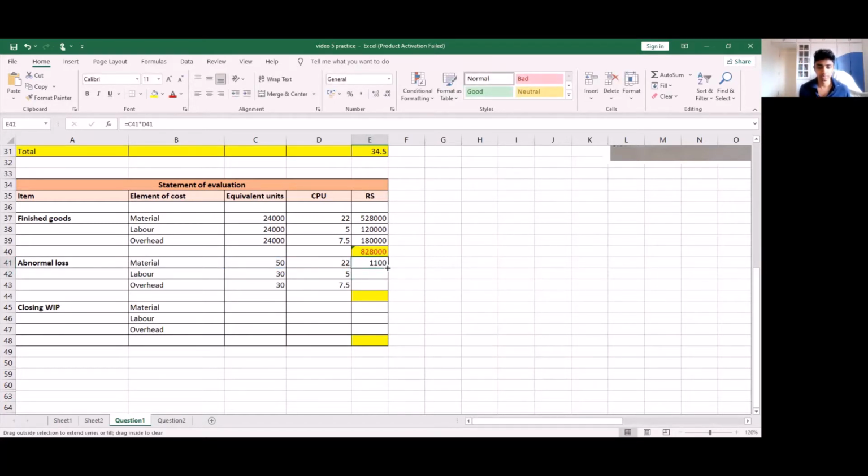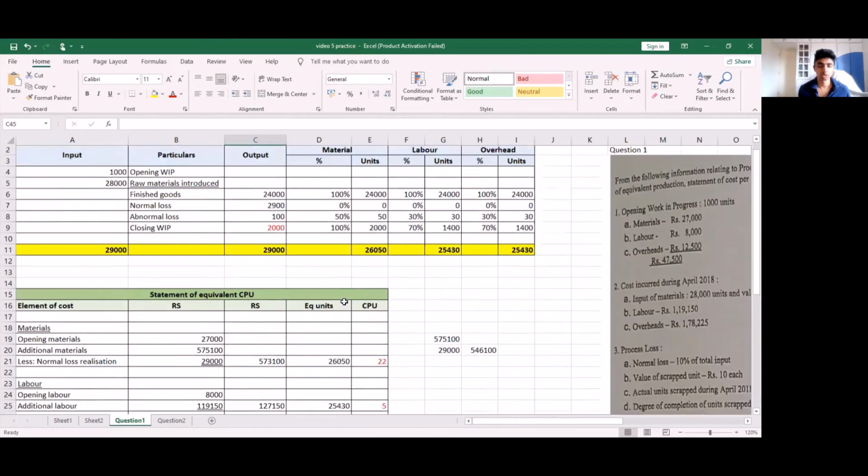We will do the same for labor and overheads. So 30 into 5, 150, 30 into 7.5, 225. We will add these three values, which is 1,100, 150, and 225 to get our value of abnormal loss to be 1,475. Finally, let's quickly do the same for closing work in progress.